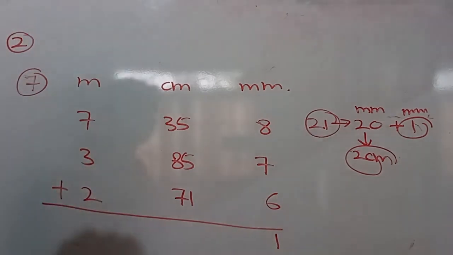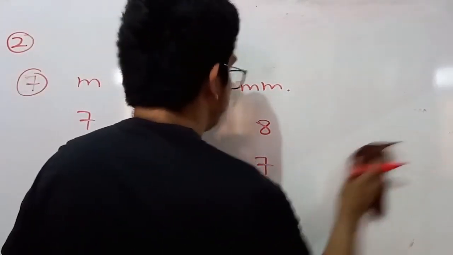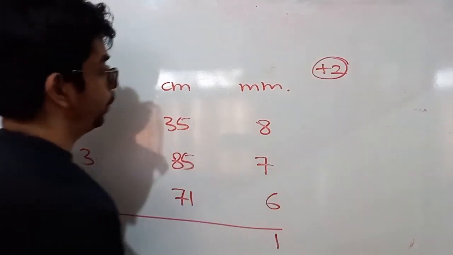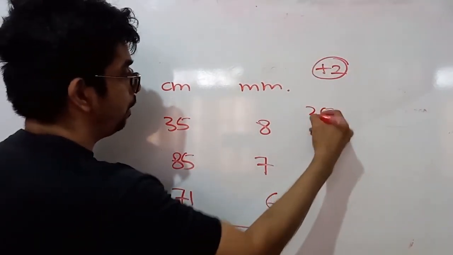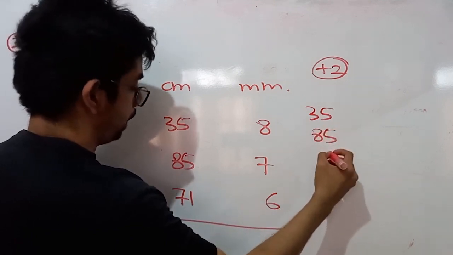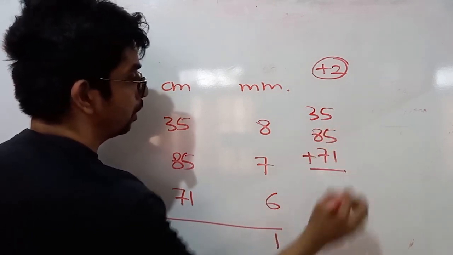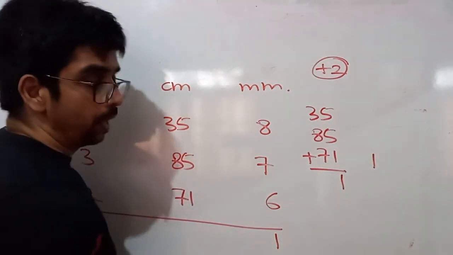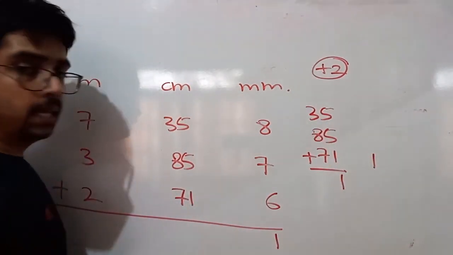Right? Okay. So now we will add the centimeter portion. So we have to add another 2 for that. So 35 plus 85 plus 71. 5 plus 5, that is 10. Add the 1, it becomes 11. So that's a 1. 3 plus 8, that is 11.